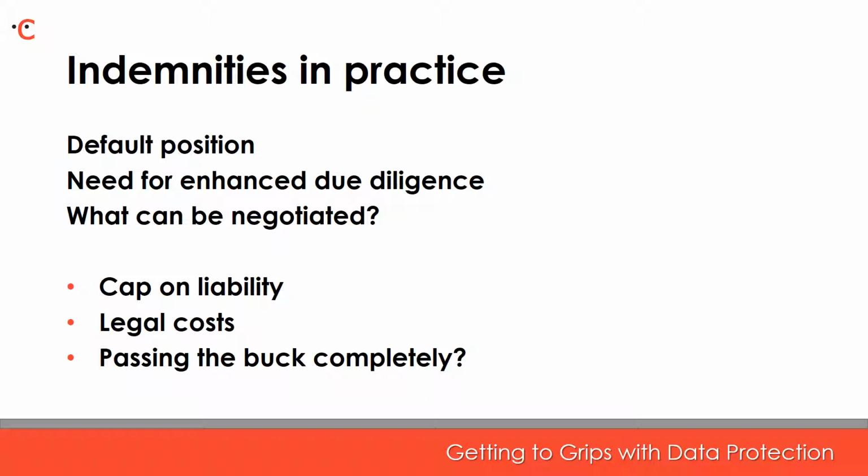The GDPR, I'd say, also brings about the need for enhanced due diligence at the contract formation stage. And I have two things in mind here. The first is it's always far better to avoid a breach happening at all rather than later trying to recover under an indemnity. Indemnities aren't perfect, and invariably there'll be an element of loss that can never be recovered.